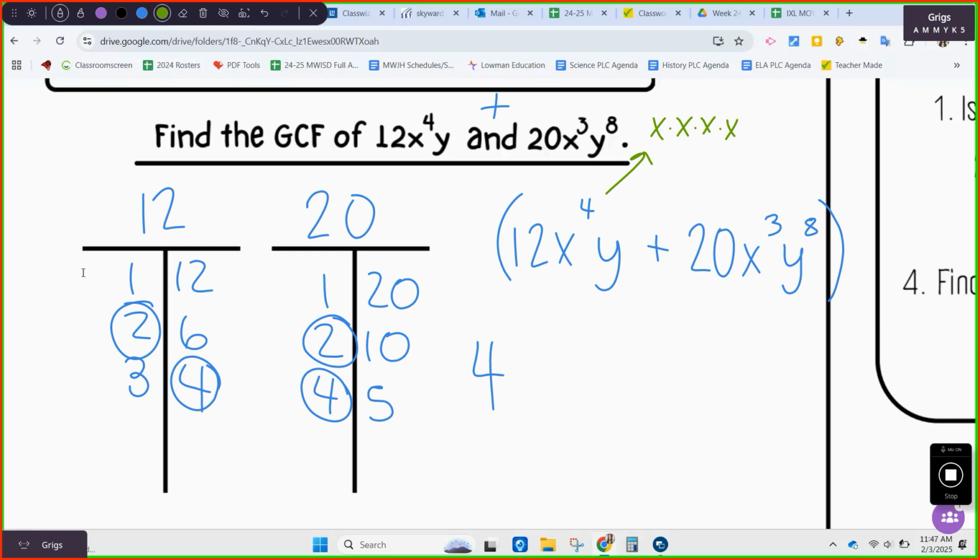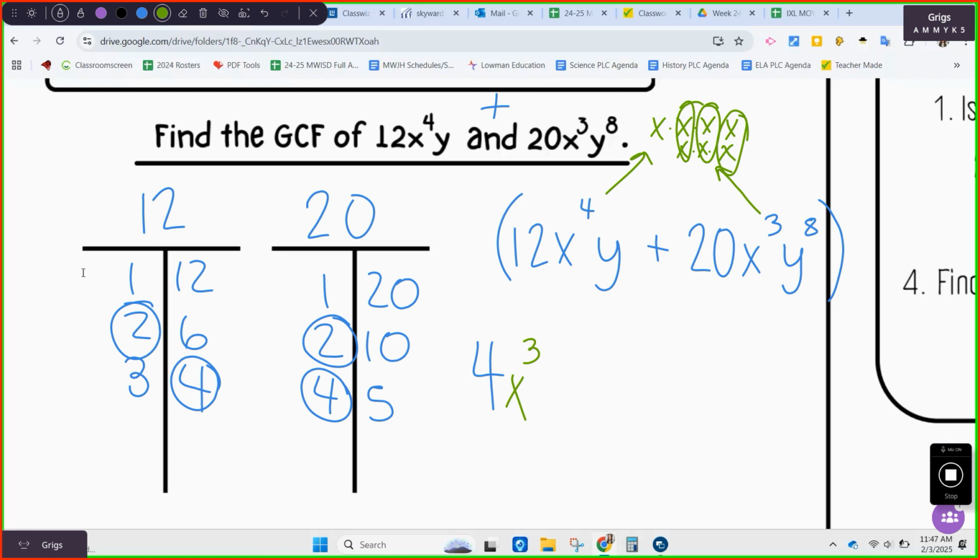What about x to the 3rd? x times x times x. So how many x's can I pull out of each term? They share 3, so within my greatest common factor, I can factor x to the 3rd out of both terms. Are you following me?